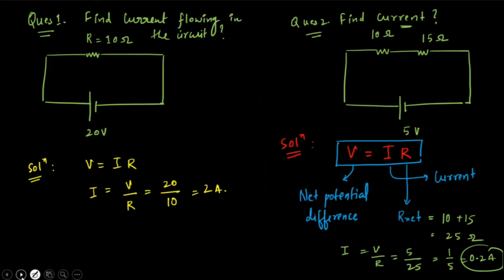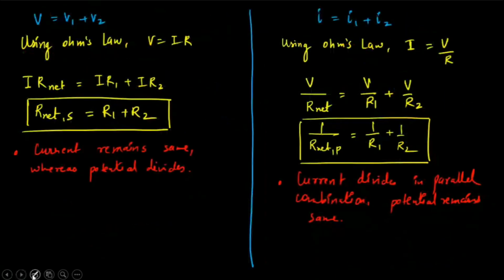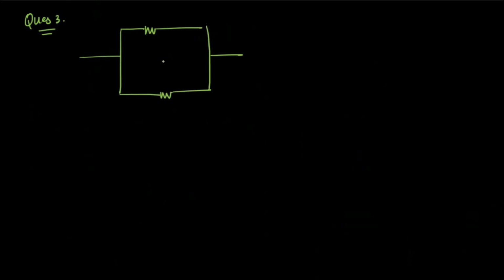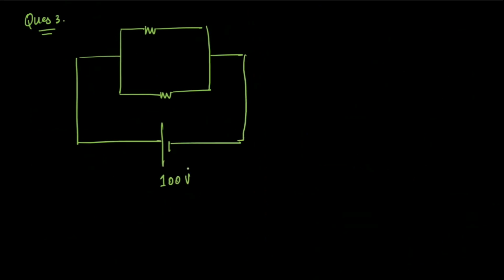Now I'm giving you a little tough problem. Try to solve it, keeping all the points which we have discussed so far in mind, and let me know whether you are able to solve it or not. The question is getting a little tricky now. There are two resistances connected to an external battery of potential 100 volts. The values of these two resistances are 20 ohms and 40 ohms.